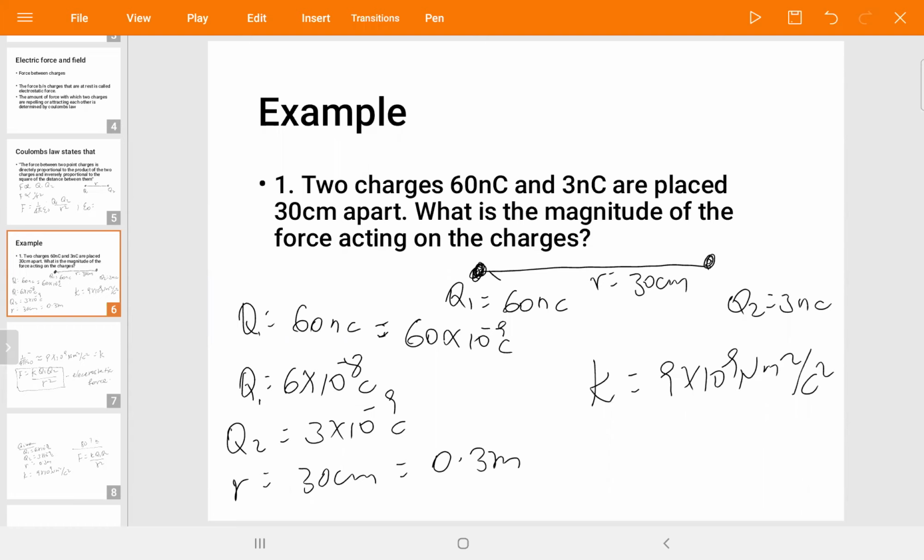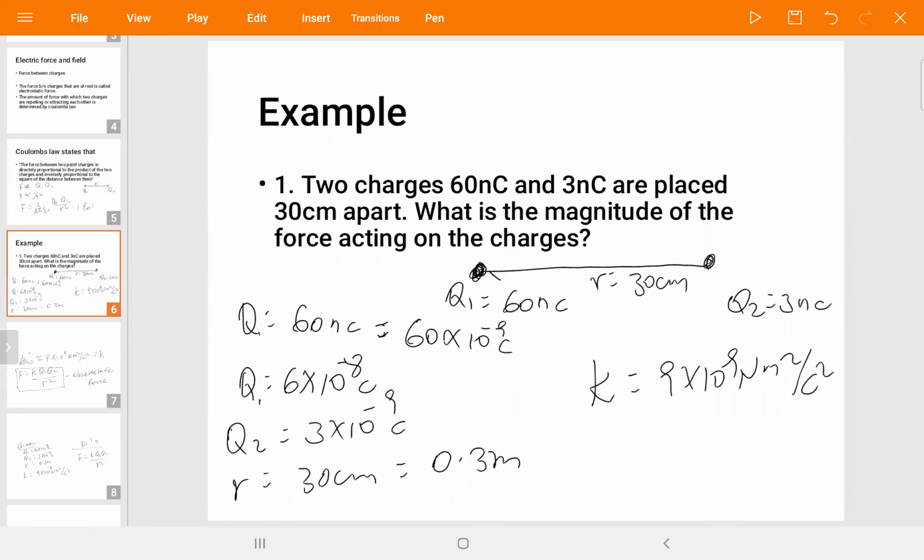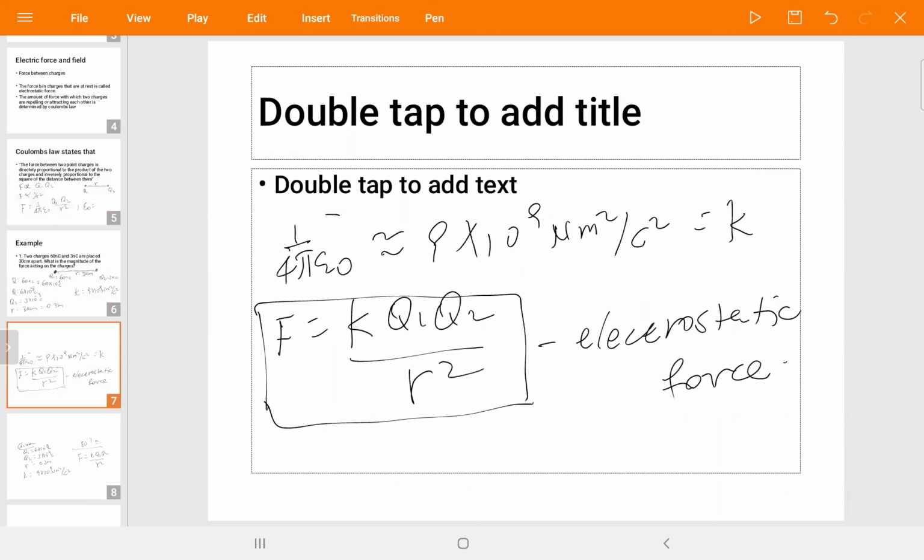So this is a constant value. Whenever we are calculating a force, this constant is needed, and the formula simply becomes K times Q1 Q2 over R squared. This is the reduced form of the electric force when the charges are at rest.